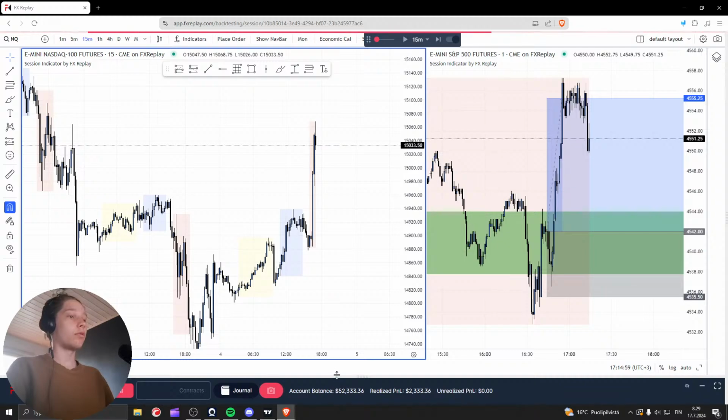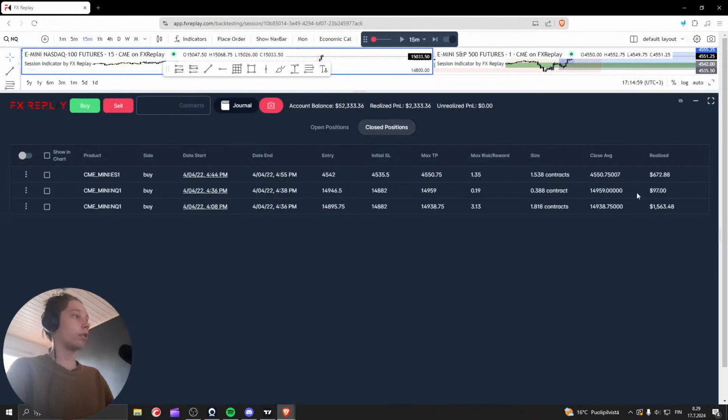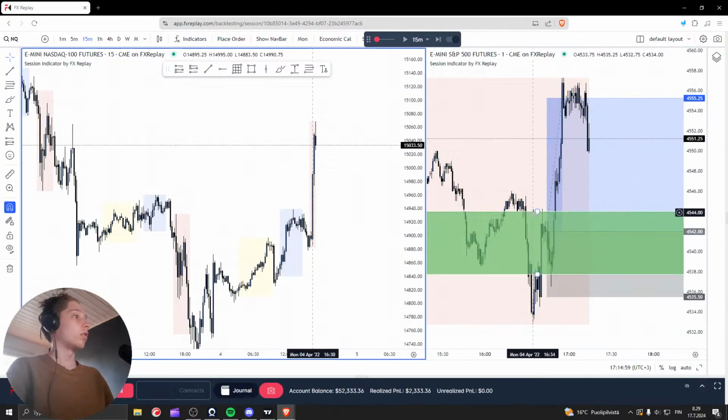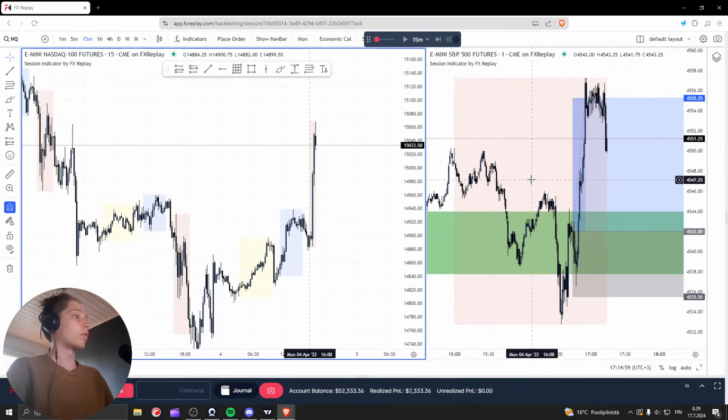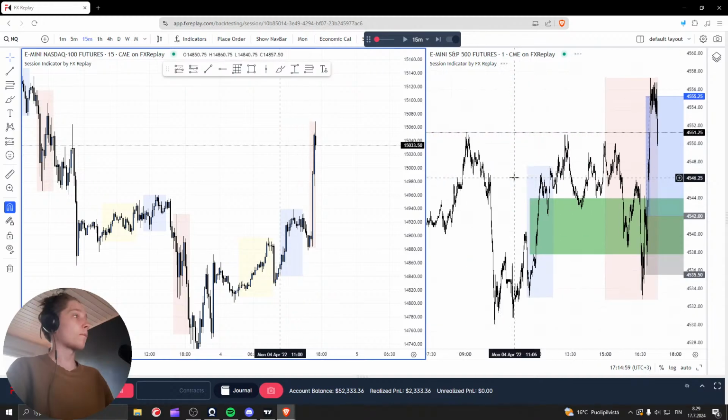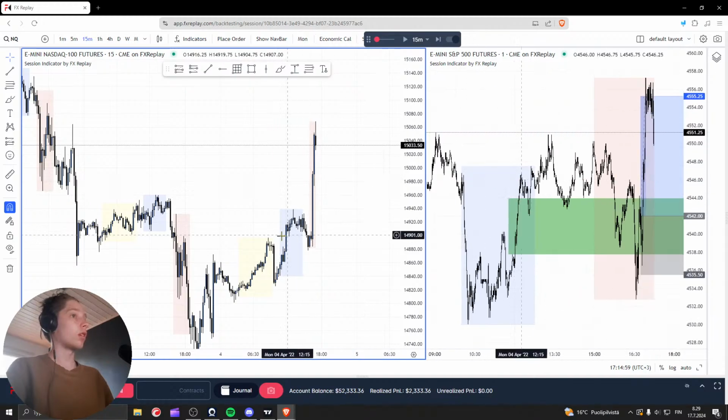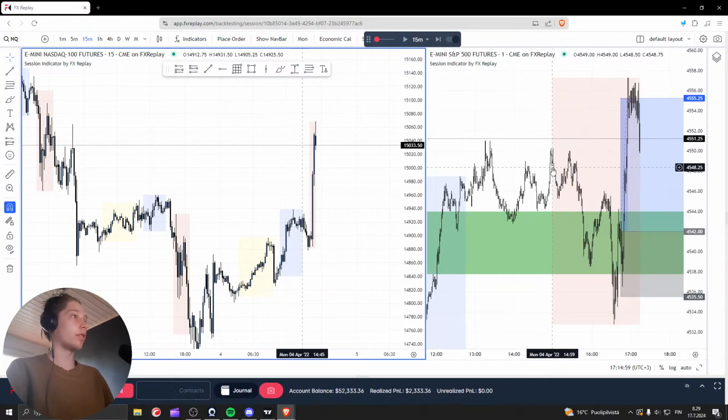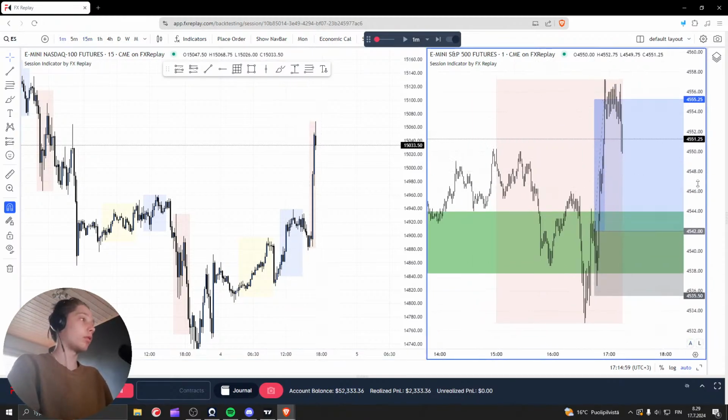So as you can see, I took 2 trades already. NQ was 3%, ES was 2%, 1% win only.